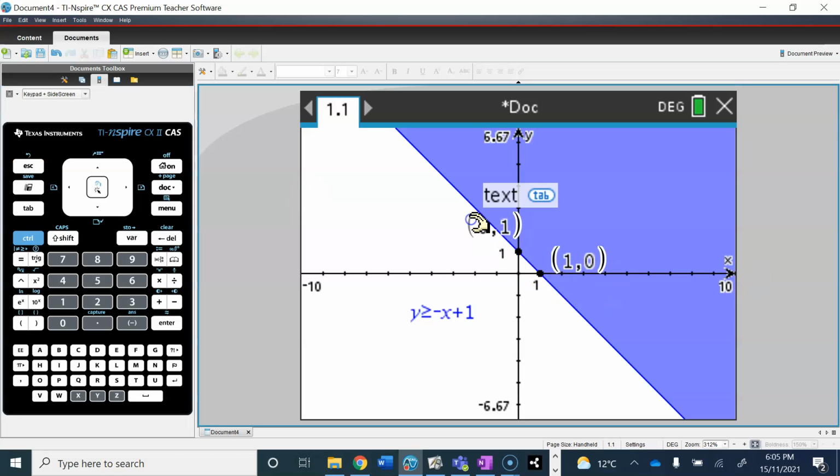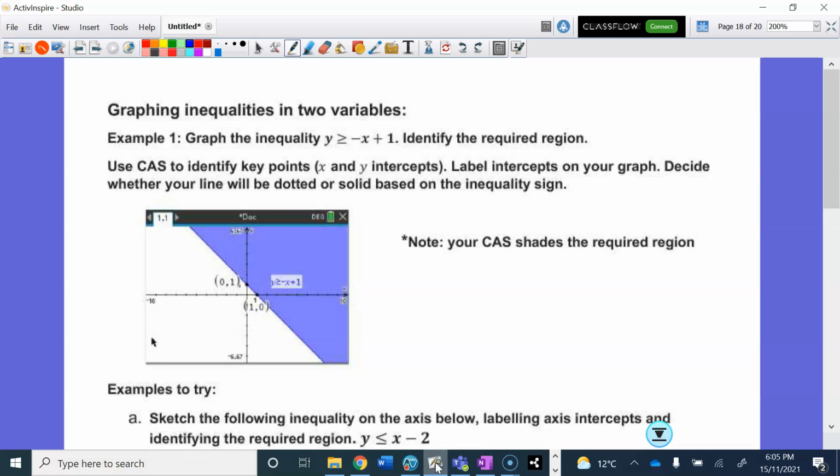So I do have now two accurate points, (0, 1) and (1, 0). I know it's a solid line, and I know the above the line part is the shaded required region. So when you go to hand me this as your answer for that question, you would also remember to have to shade the key and say the shaded bit of this graph is the required region.